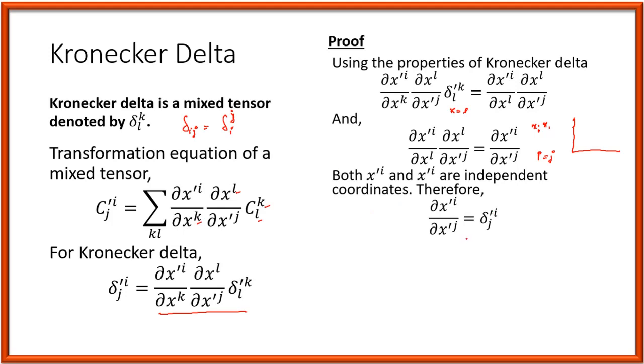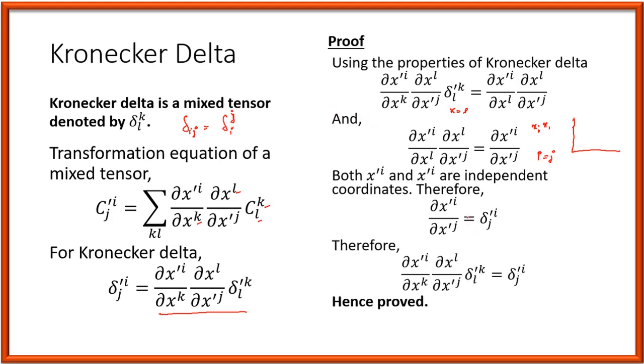So I can just substitute this into my existing right hand side, and I get dou xi dash divided by dou xk into dou xl divided by dou xj dash into delta lk, which actually gives me delta ji dash, and hence it is proved that Kronecker delta is a mixed tensor.